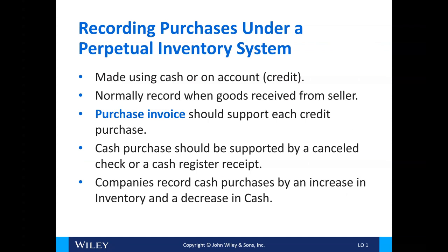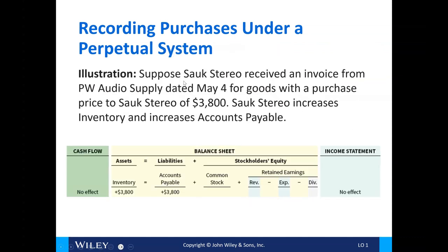A purchase invoice should always support each credit purchase. A cash purchase should be supported by a canceled check. Again, you increase inventory and you decrease either cash or you increase a liability. And eventually you will decrease that liability and decrease cash because you'll pay off your accounts payable.